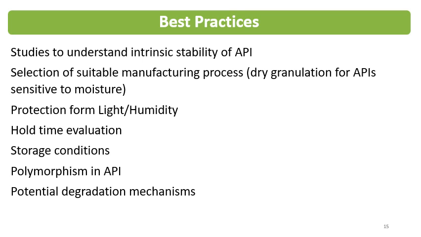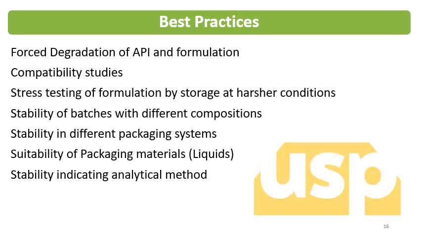Storage conditions. Establish the particular storage conditions and packs to store the API and the excipients along with the raw materials of in-process stage. Study the polymorphism in API and check whether the polymorph change can occur. Then understand the potential degradation mechanism and the impurity formation pathways.